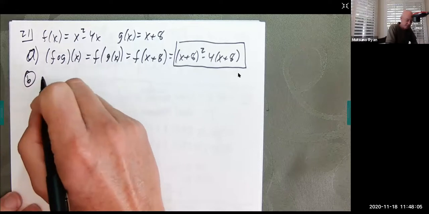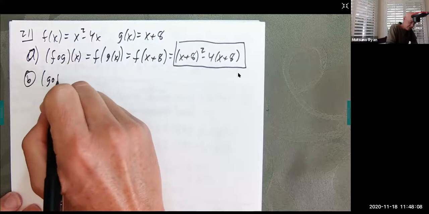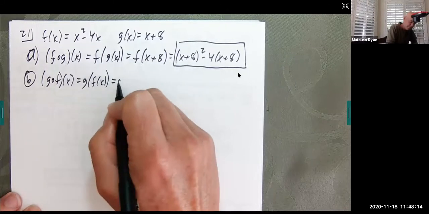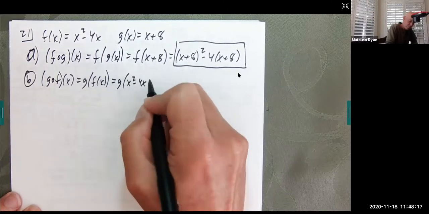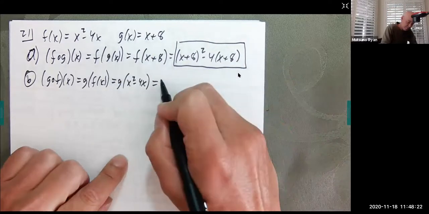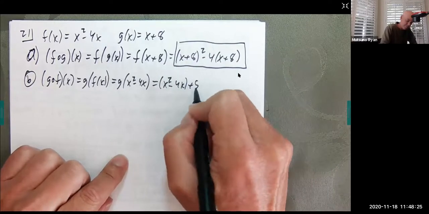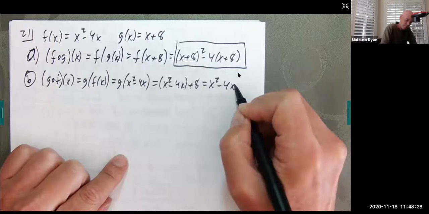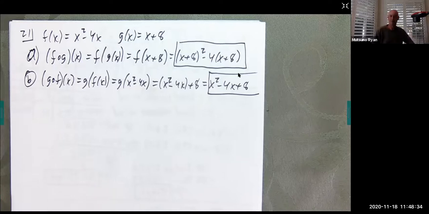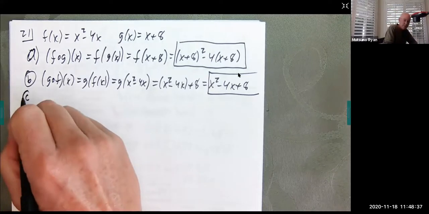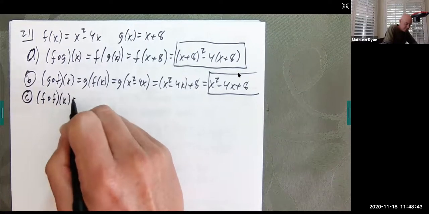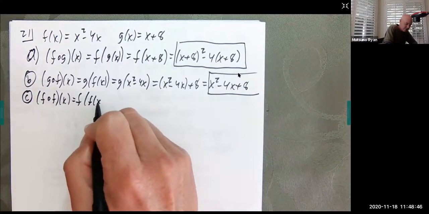Part B says find g composite f of x. So now we're going the other way. This means now I'm going to replace that x with all of that. Not so scary. Part C, we're going to do f composite f of x, which means I'm going to put the function f of x into itself.